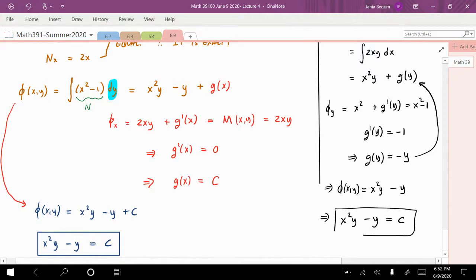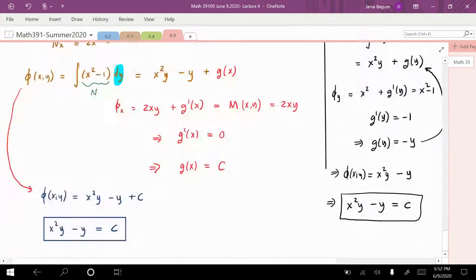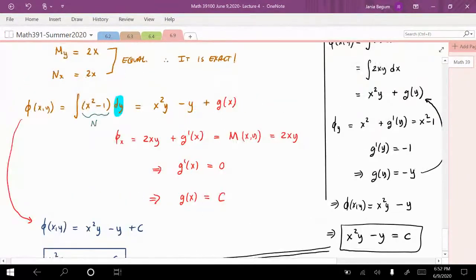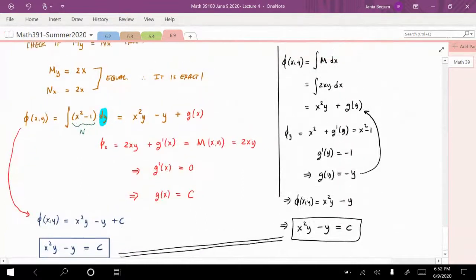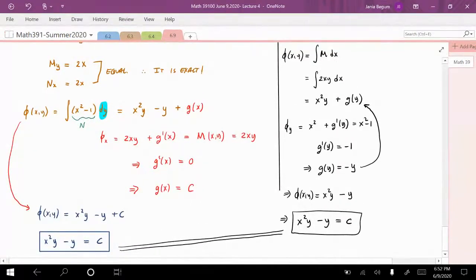So even if you picked m to start with, you still get the same answer, right? Like right here. So I put a big equal sign. They're equal. So it doesn't matter which approach you start with, either m or n, as long as you follow the procedure with respect to its variable, then you should get the same answer at the end. Okay.